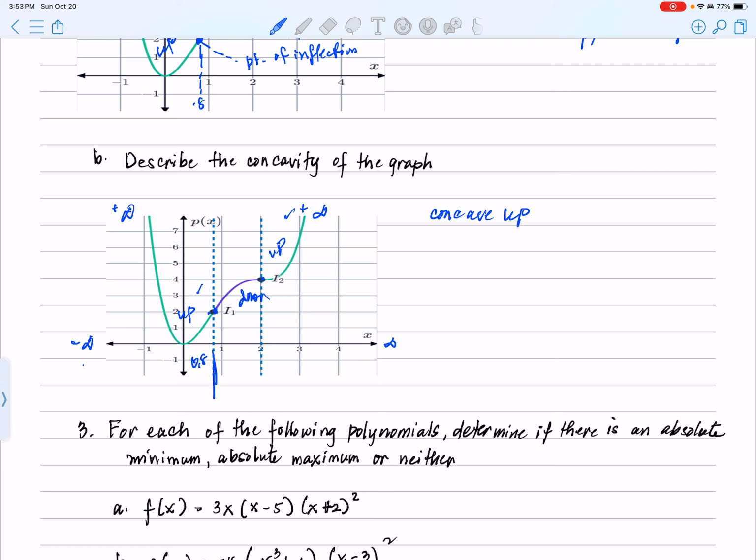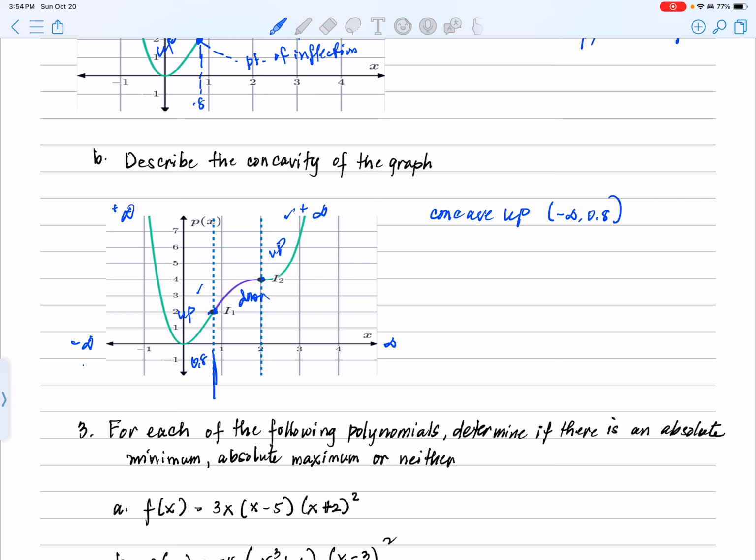So I'll have an interval of negative infinity for x value, and for the y, okay, I'll start the concave up here. I have a 2 and a 0.8. Okay?